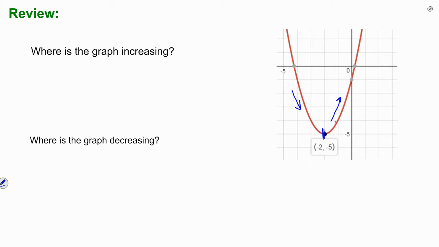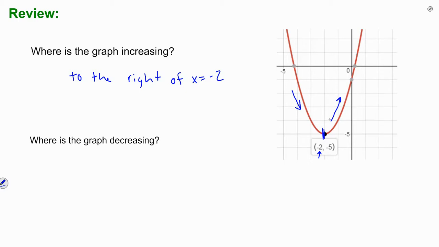What we described in the last video was where the graph was increasing, and we would say to the right of x equals -2. We use the x coordinate to talk about where the graph is increasing or decreasing. We do that because in a function, the x's don't repeat, whereas y's can repeat.